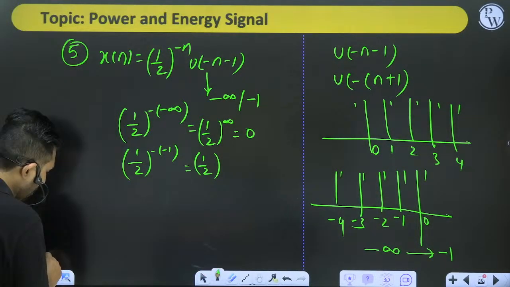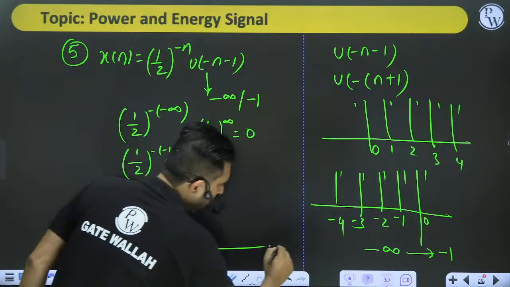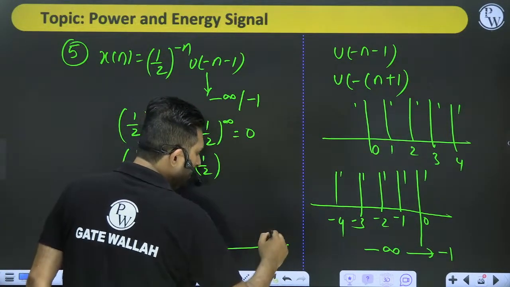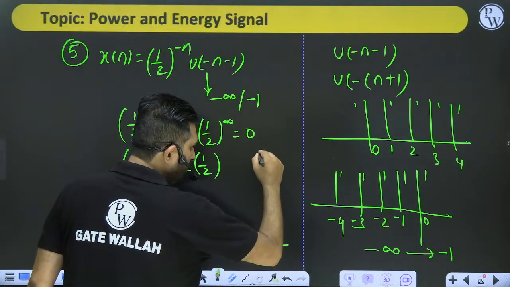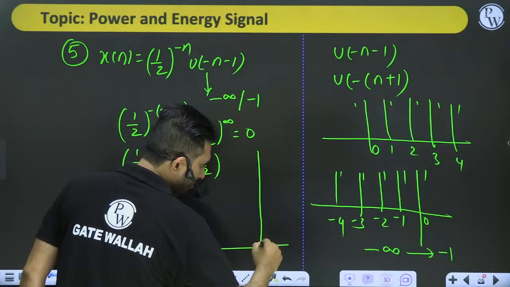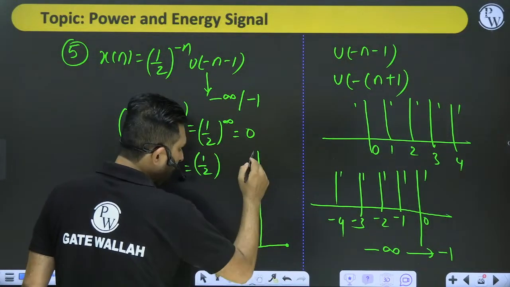See here, what kind of plot will I get between these limits?